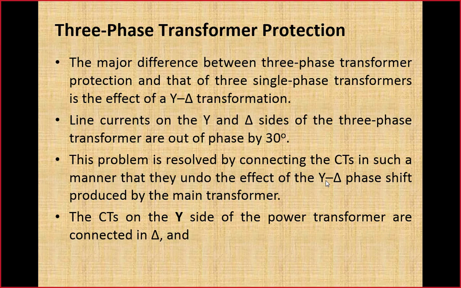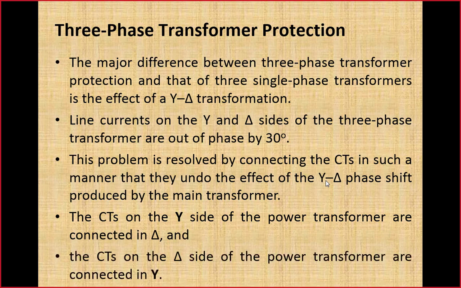The procedure is, the CTs on Y side of power transformers are connected in delta, and CTs on the delta side of power transformers are connected in Y. So in this way, the phase shift introduced by the delta connected winding of main power transformer can be undone by connecting CT secondaries in delta configuration.